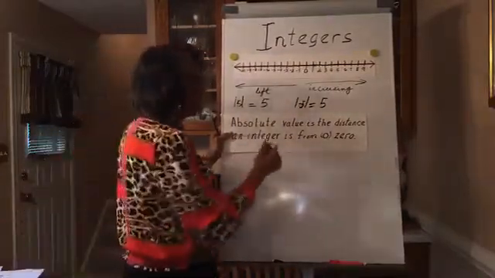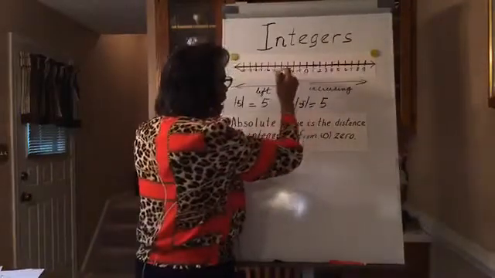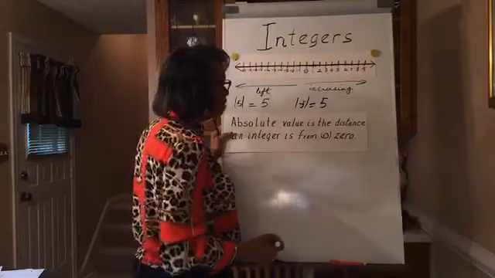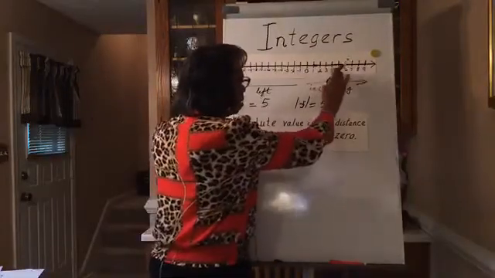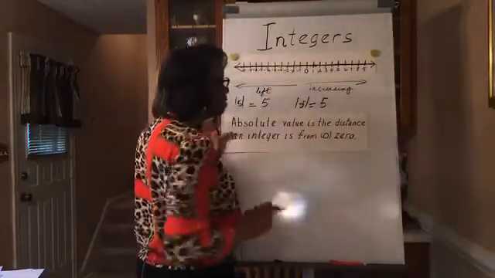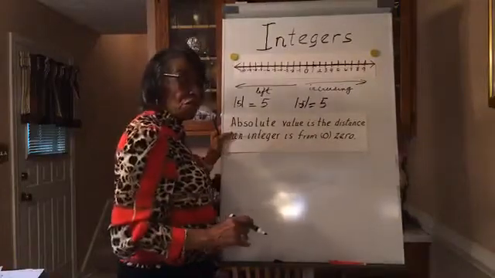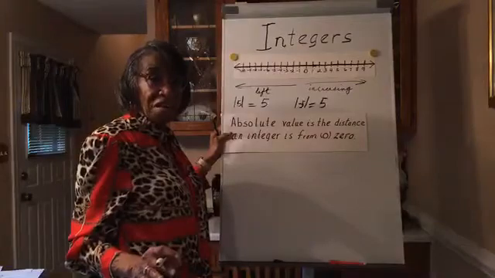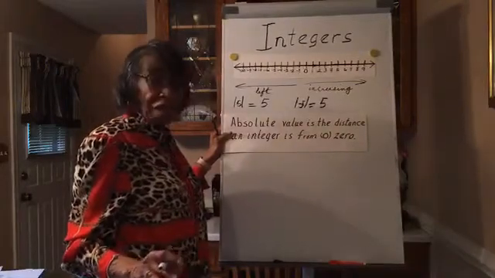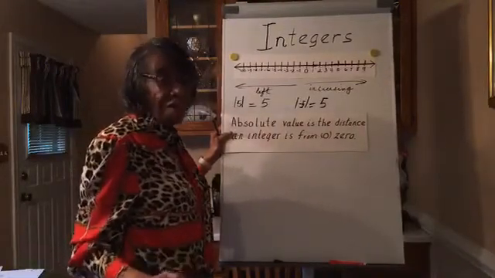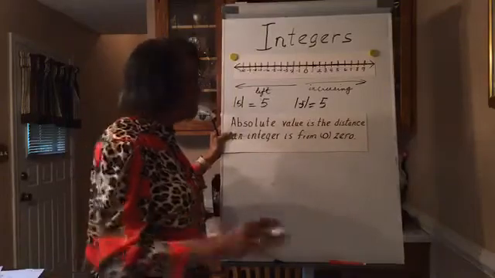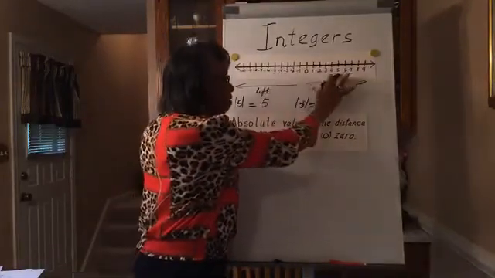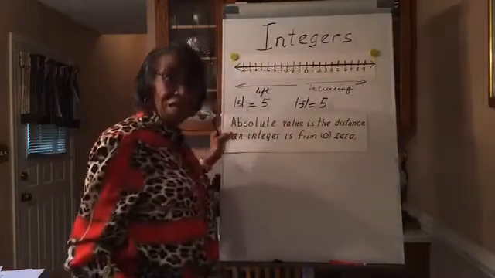Another thing we can say about 5 and negative 5, they are opposites. If you get an equation and the answer is supposed to be negative 5 and you write 5, it's incorrect, because negative 5 is on the left side of 0 and positive 5 is on the right side.